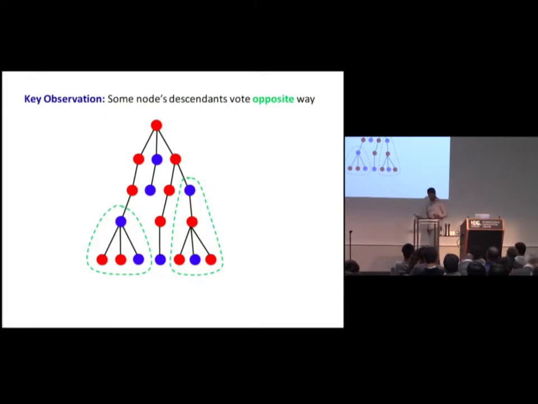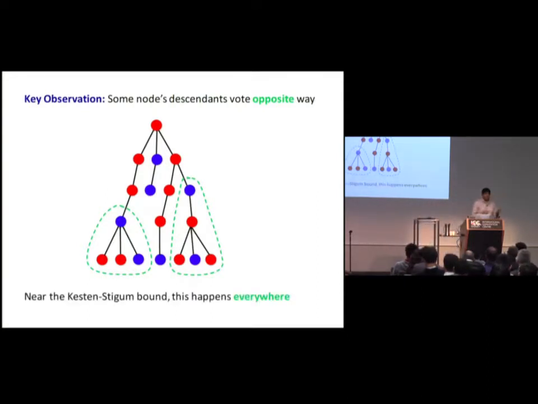He gives rise to more red nodes than blue nodes. That can happen, it's an accident. And ultimately, that gives birth to more red leaves within the subtree than there are blue nodes. So his subtree votes the correct way, even though he would have voted the wrong way himself. The same thing happens in this other subtree, that this blue node would have voted one way, but his descendants vote the correct way just by sheer accident.